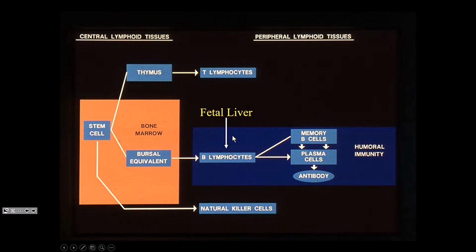Now it turns out, pardon me, B cells can also sometimes be produced in the liver. Okay, so we know for sure that it occurs in the fetal liver. Remember the hematopoiesis lecture where we have the hepatosplenothymic phase of hematopoiesis: hepato, liver, spleno, spleen, thymic, thymus, in the second trimester predominantly.